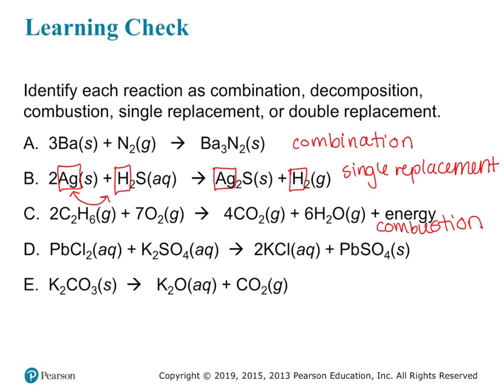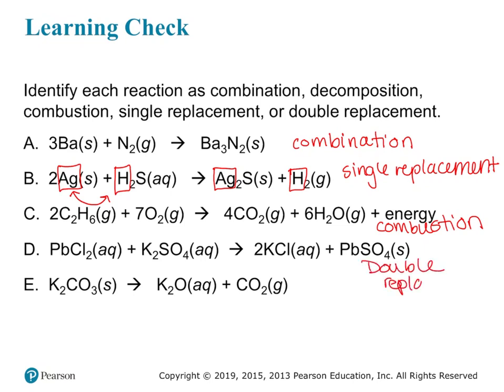What about D? We have PbCl2 plus K2SO4, and we end up with KCl and PbSO4. So in this one, this is a double replacement reaction.